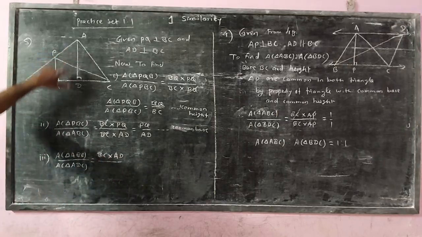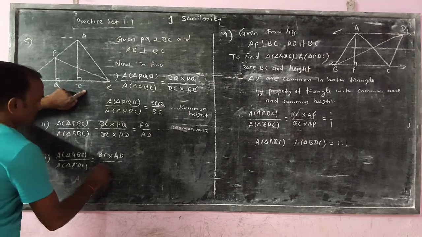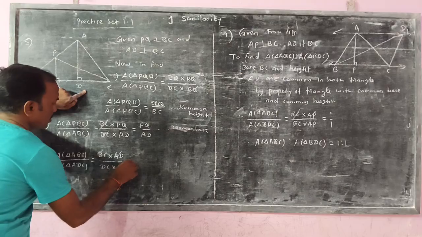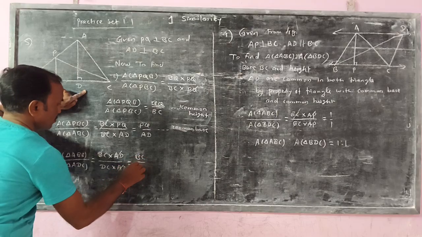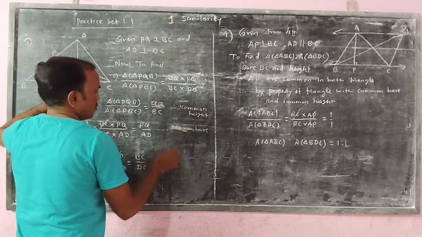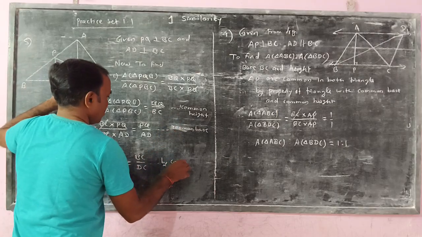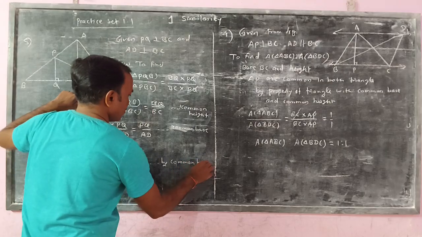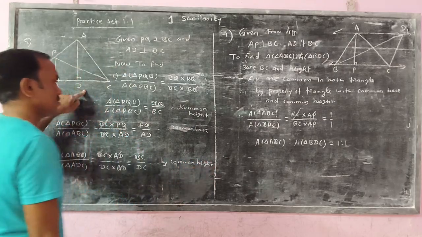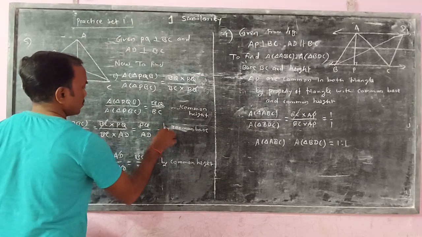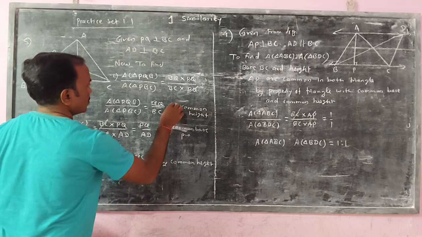In triangle ADC, DC is the base and height AD. So AD will get cancelled. BC by DC, by the common height property.